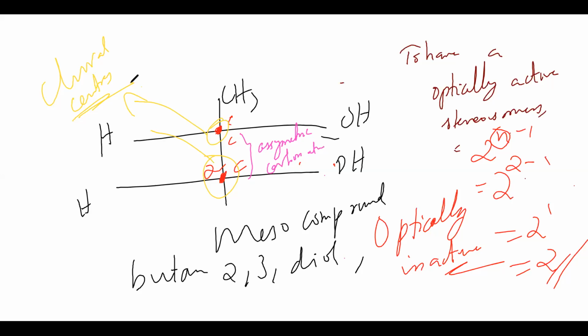Achiral means symmetrical. A circle, if you cut it into 2, gives 2 equal halves that can be superimposed on each other. That's it. Is there anyone left? Has everyone finished this question? Copying down?